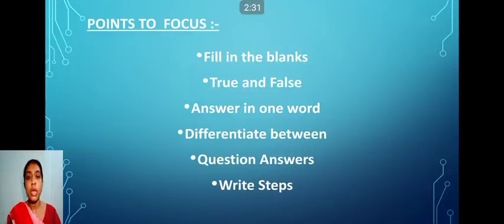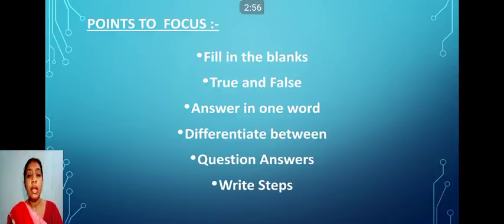If you go through the chapter thoroughly, then definitely all these points will be covered and there will be no confusion about what is asked and from where it is asked. I hope this mindset is clear now, about which kind of questions can be asked in your exam.